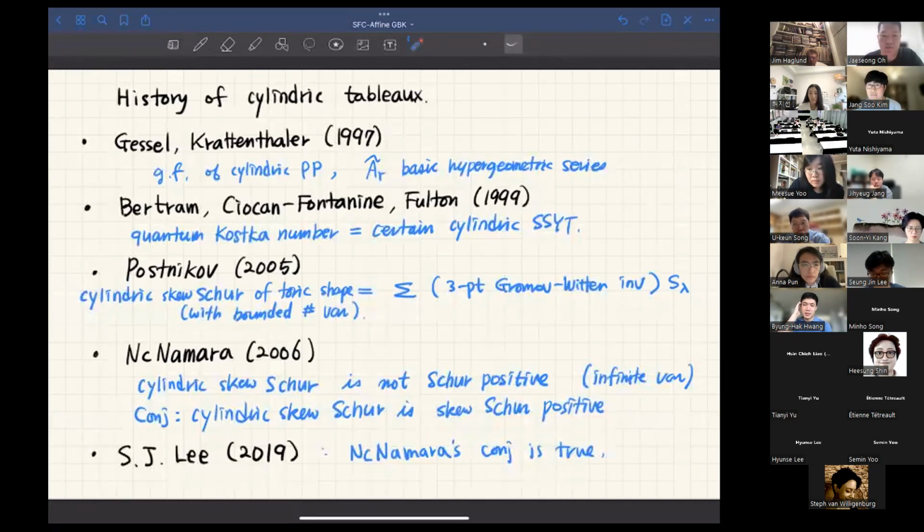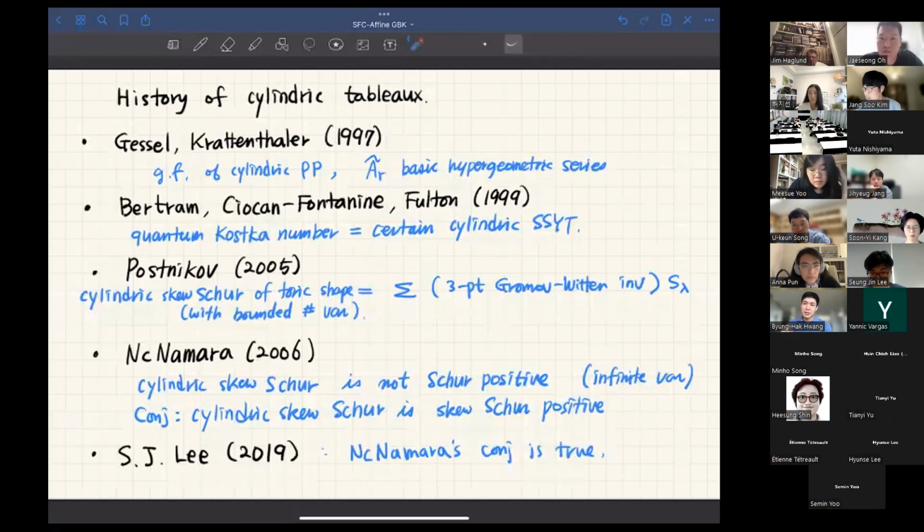Because I'm a bit confused, since Schur functions are Schur positive, right? You sound right. Maybe Seung-Jin can answer. Did I say something wrong? Yeah, the conjecture was that the cylindric Schur functions are cylindric Schur positive. Okay, cylindric Schur. Thank you for the correction.